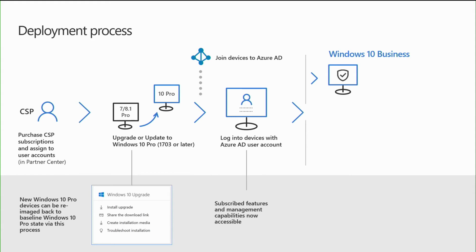Then, if you have on-premises resources, you will do the necessary steps to make sure you're using hybrid Azure AD Join. So you will set up AAD Connect and do the steps necessary to register your device with AAD. And then once the user signs in with their credentials, from Pro, it elevates into Windows 10 Business.